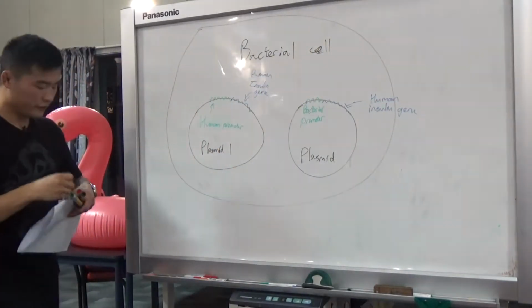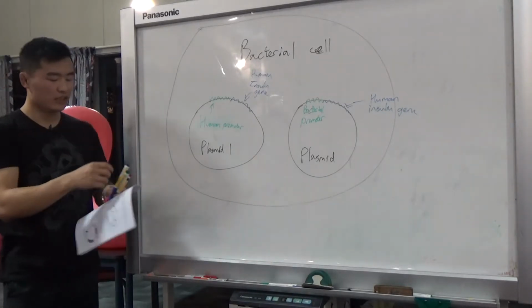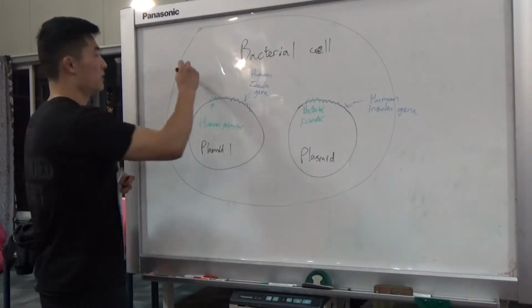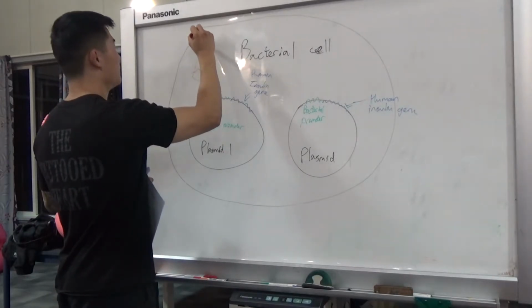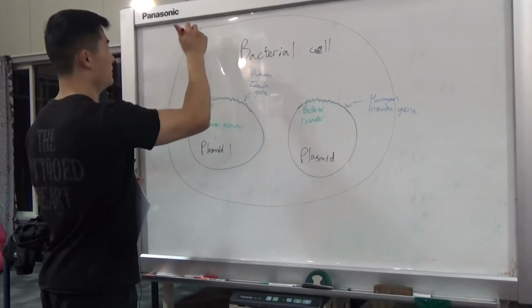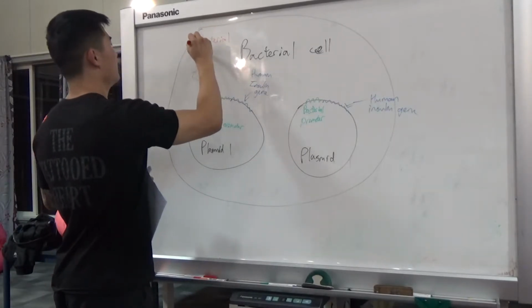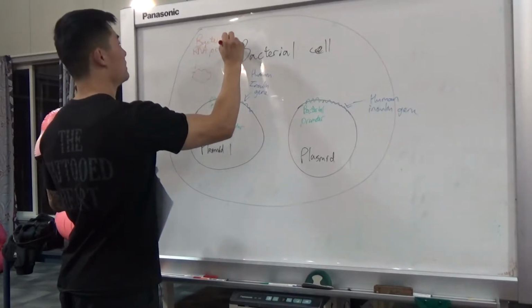Okay, so inside your bacterial cell, the bacterial cell is going to produce bacterial RNA polymerase.